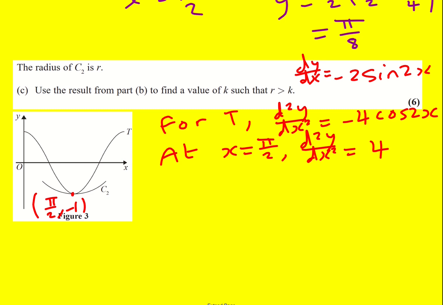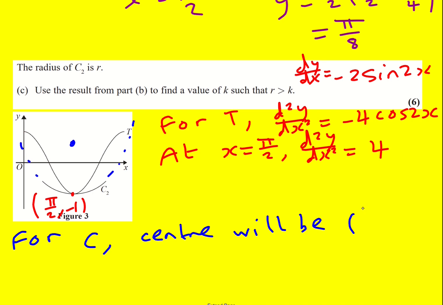Now, that leaves us with the circle. We've got the circle, it's going to be coming around, and it's going to have center, say, here. Again, by symmetry, it's got to be when x is pi over 2. But what about the radius? Well, we've got the radius which we're trying to find, but also the y coordinate of the center.